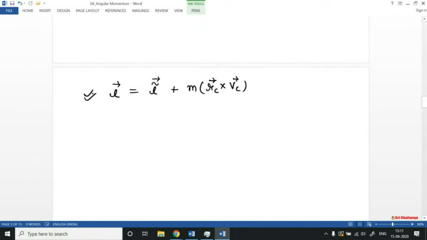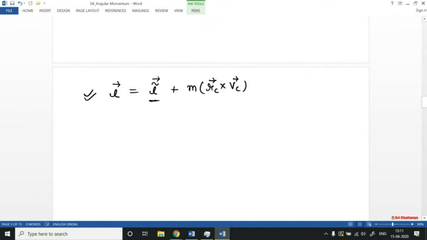So this is a very important relationship which enables us to find out L if we know the angular momentum of the system in the frame of reference of the center of mass, which is very easy to find because it does not depend upon the choice of a point.